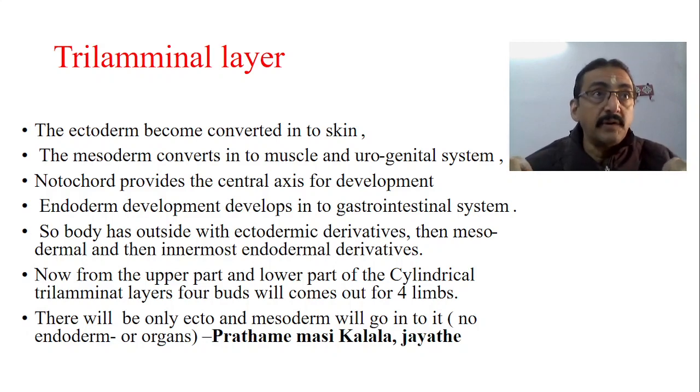These 4 buds contain only the ectodermal and mesodermal layers. The endodermal layer will not come in these 4 buds. The endoderm, the innermost layer, will not come, because the endoderm is related to the formation of the organs and so on.